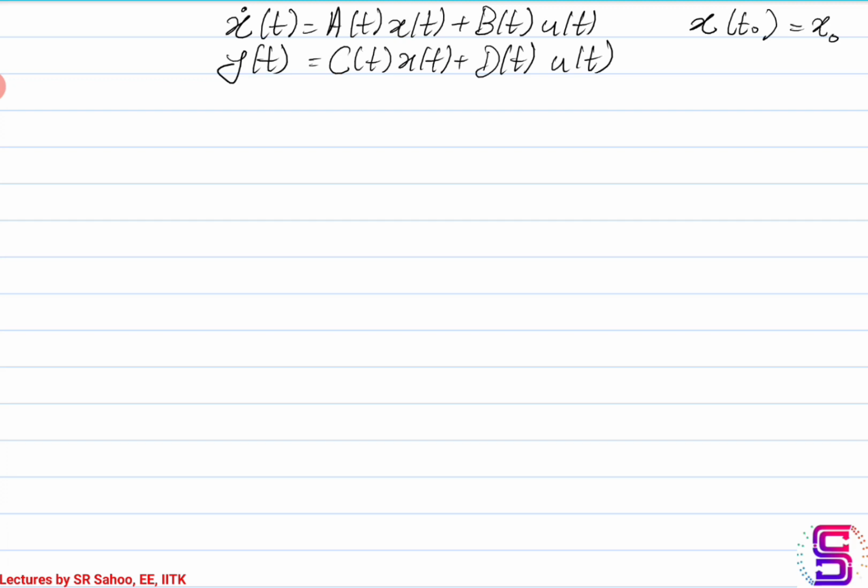If we want to see, with respect to time as the input u varies, how the output y would be for this particular system, then we have to know the solution for the differential equation. So essentially we have to find out what x of t is going to be, and once we find out what x of t is going to be, the algebraic equation, which is y equal to Cx plus Du, will tell me what the output is going to be with respect to the particular input that we have applied to the system.